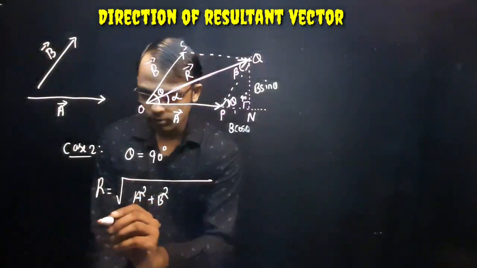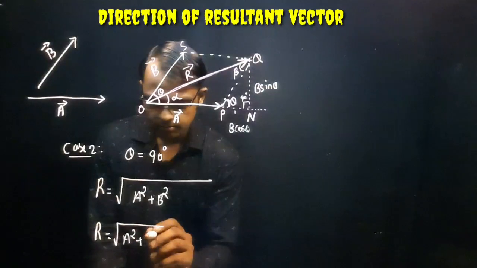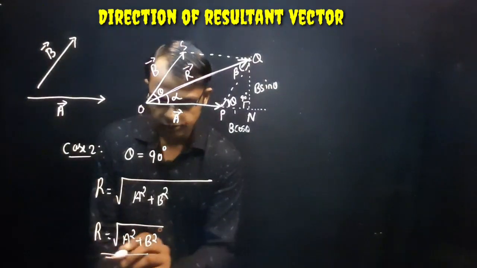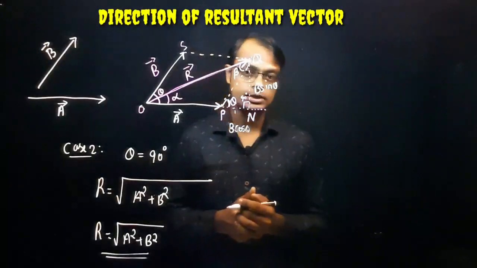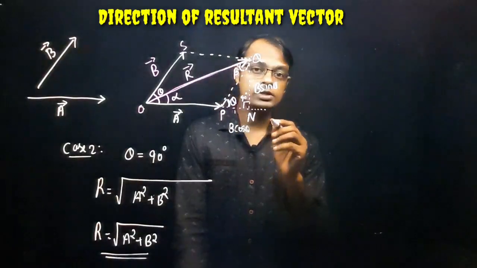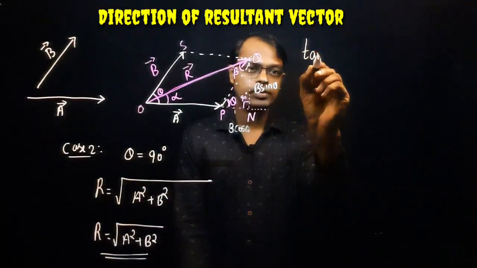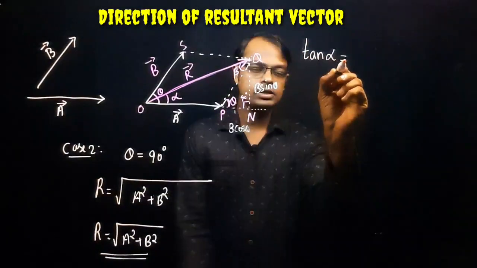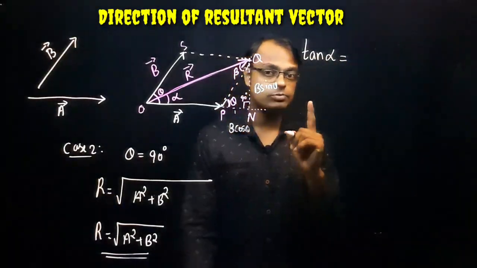So this is the formula we have to use when the two vectors are acting perpendicular to each other. Now, what is the direction of the resultant vector? Tan alpha is equal to, the basic formula, B sin theta divided by A plus B cos theta.